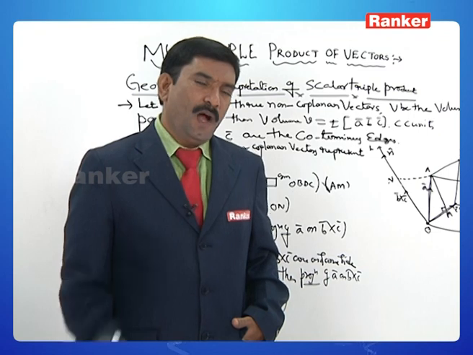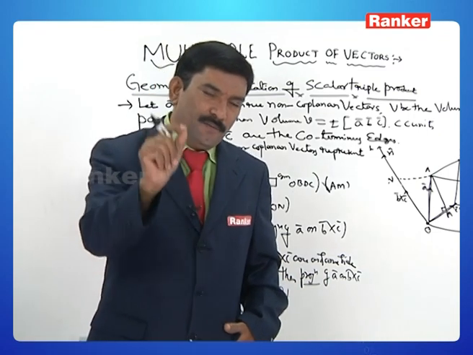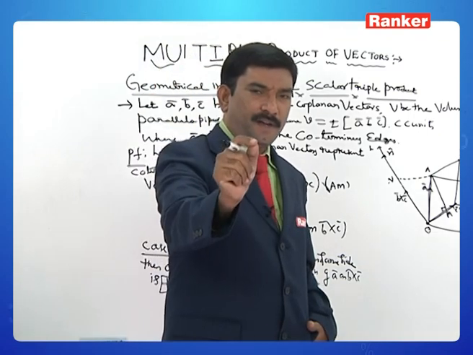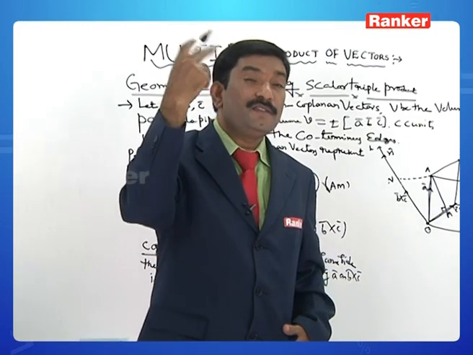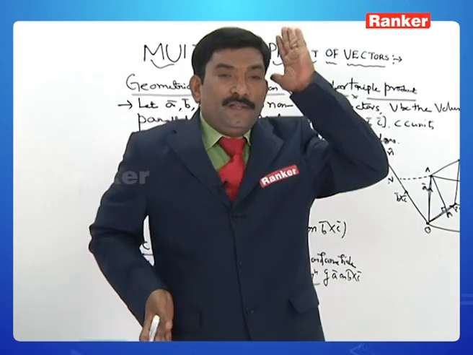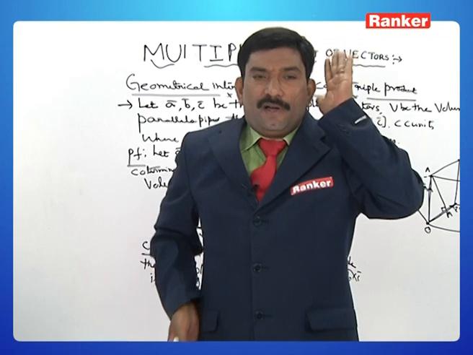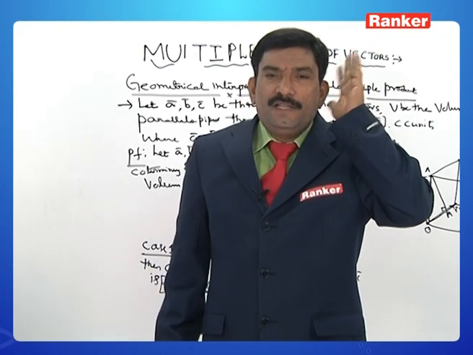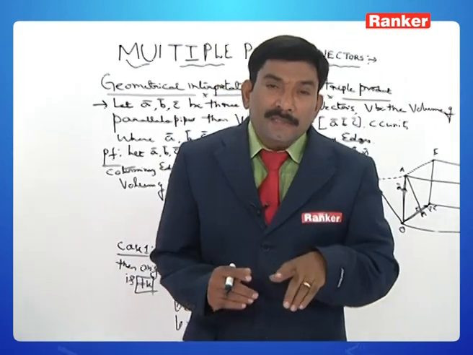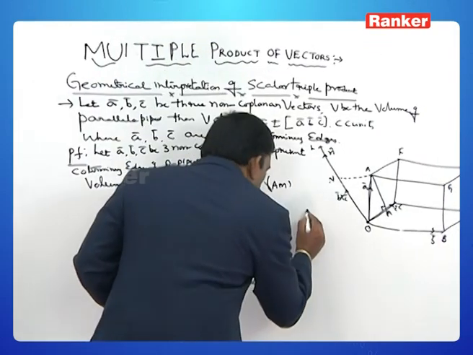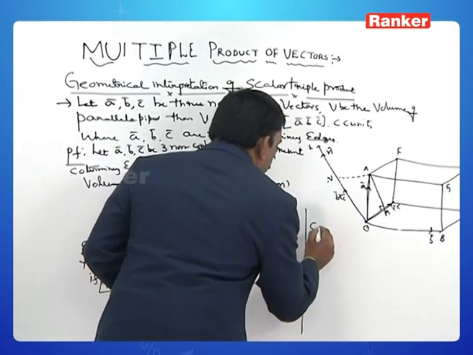That too occurs when the terminal points of A bar and B cross C are on the same side. Now when this is A bar and this is B cross C, then the direction will be changed. Then what I do is, here it comes, case 2.